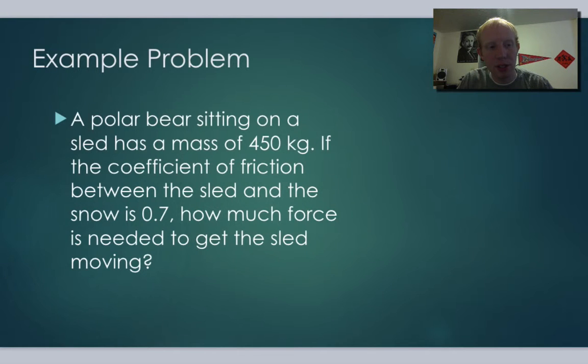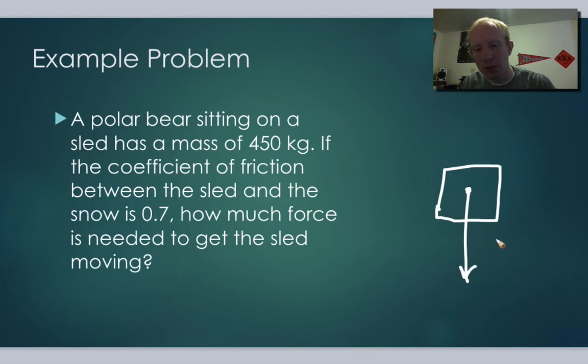I'll do it in white. So we have the polar bear sitting on the sled. Let's look at the force diagram. There's going to be that gravitational force, the force of gravity. We don't know exactly how much that is yet, but we do know the object's 450 kilograms.